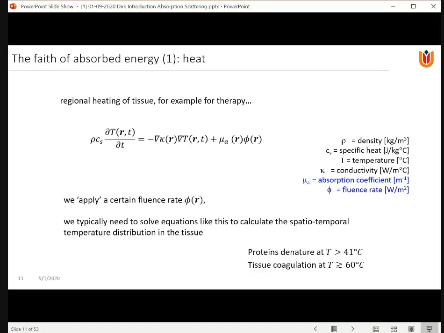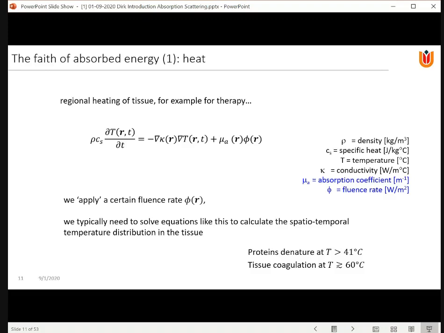Then in blue are the parameters that describe the optical processes. We have the absorption coefficient again, per unit length, per meter, that describes how strongly the tissue will absorb light, and we have a fluence rate, phi, which has units of watts per square meter.